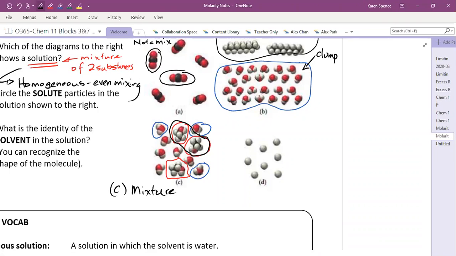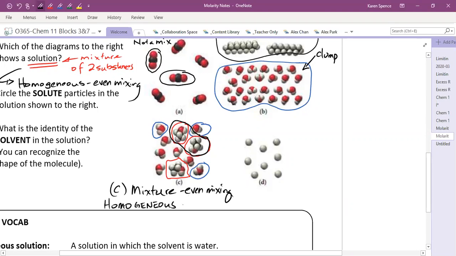If we only have a couple molecules together, that doesn't qualify as a clump. So this does have even mixing. So it is homogeneous. And that means it is a solution.